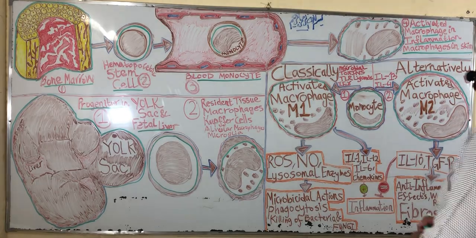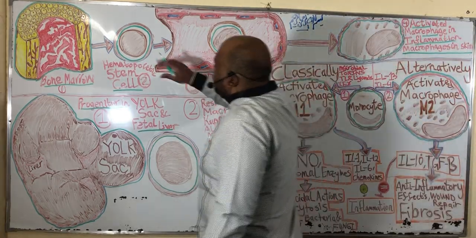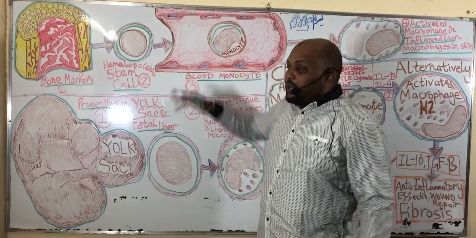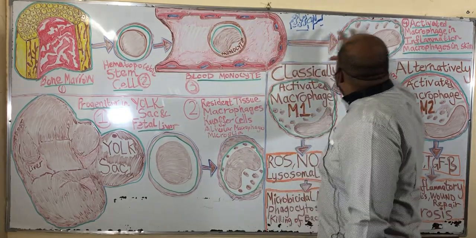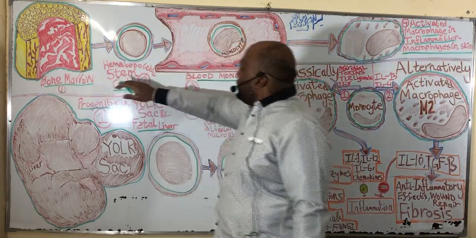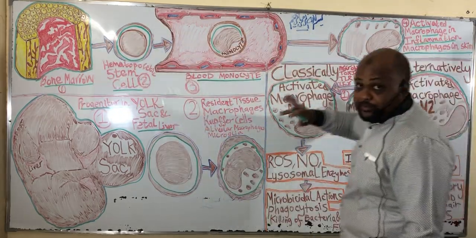So what do we have here? We have the first, this is the origin. These two diagrams describe for us the origin of these macrophages. The first origin will give us a macrophage in 4 steps.